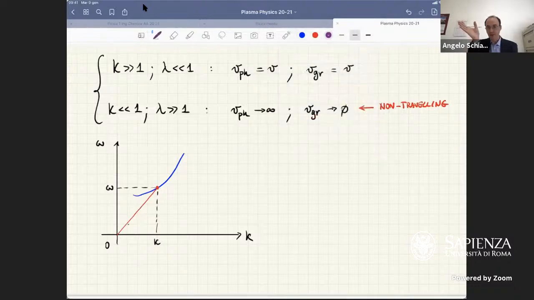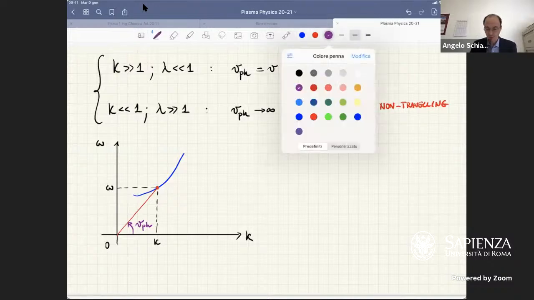It's connected to the angle that this line, starting from the origin and connecting the point on the dispersion relation, is making with respect to the k axis. So this is the phase velocity. And what is instead the group velocity?